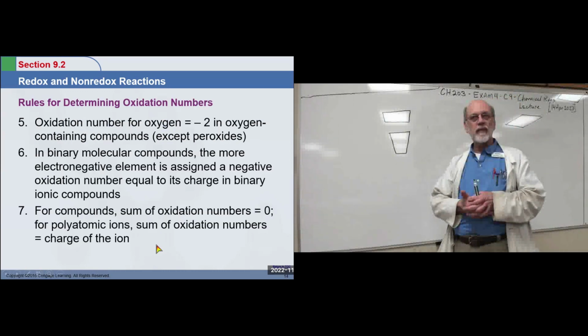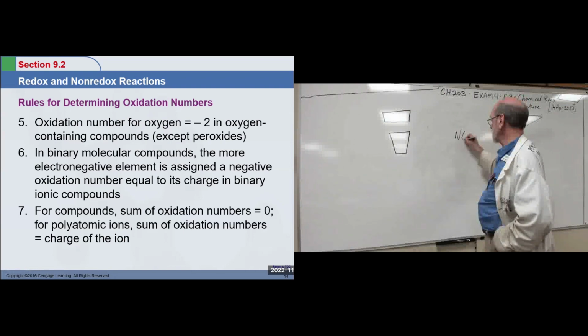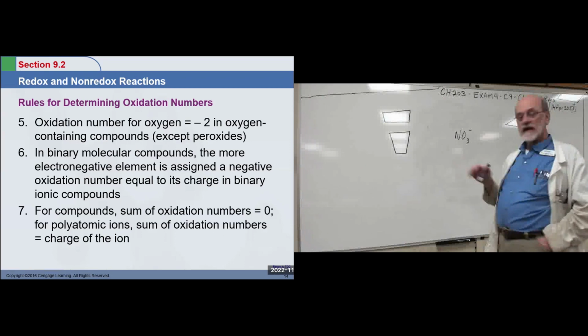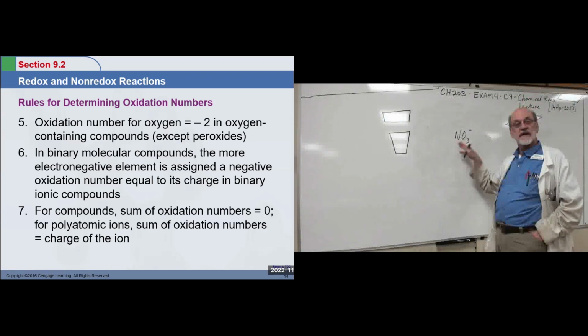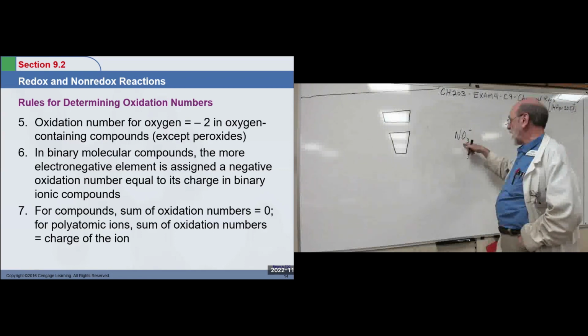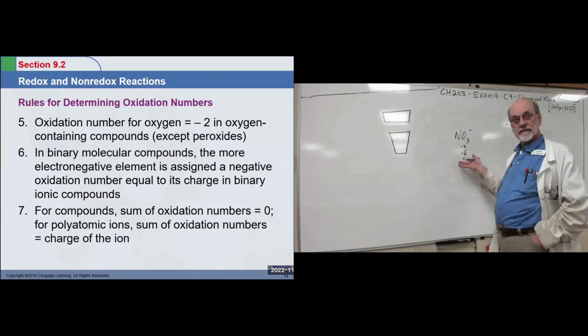If, however, you have a polyatomic ion, like nitrate, it has a 1- charge, so the sum of these oxidation states must be -1. If oxygen is a -2, then 3 times -2 is -6.